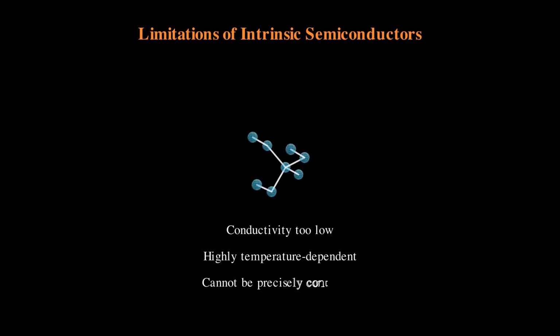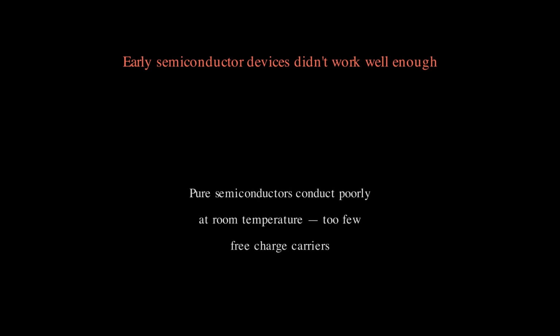They could not be controlled precisely enough for manufacturing reliable devices. For these reasons, early transistors and semiconductor devices made from pure materials simply did not work well enough. As you would already know, pure semiconductors conduct poorly at room temperature because they have relatively few free charge carriers.